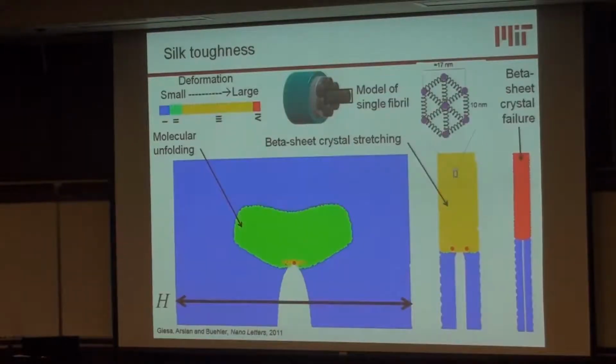And using those mechanical test results, we built a bead spring network model. It works like a finite element model, and we use it to investigate how the size of the spider silk affects its flaw tolerance. If the silk is very thick and you have a crack, it will be very easy to propagate.